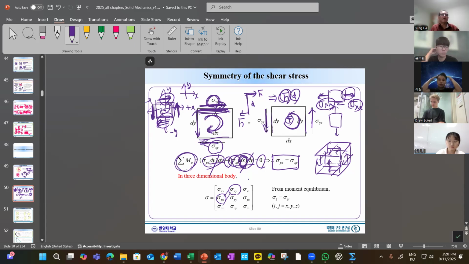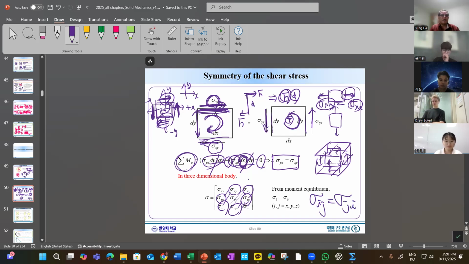It is just because of the rotational moment equilibrium. And this one and that, they have to be same. And this one and this, they have to be same. So symbolically, we can say sigma ij equals sigma ji.